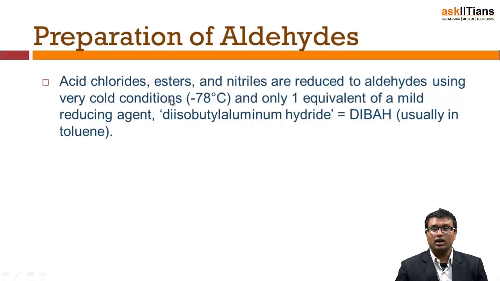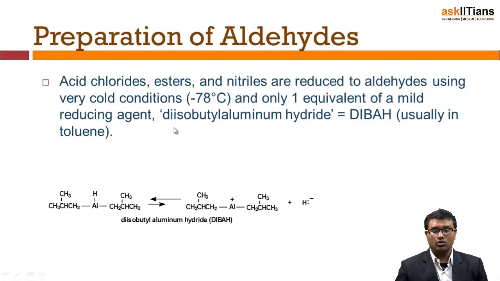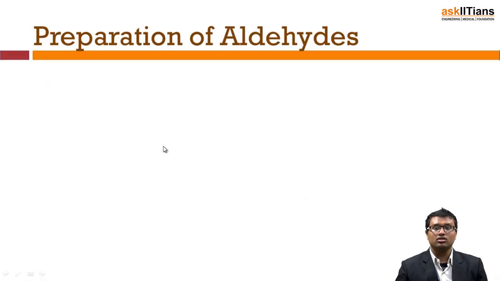I told you, you need a controlled environment, which means very cold conditions, and remember, you need only one equivalent of the reducing agent, DIBAH. It is nothing but diisobutyl aluminum hydride. If you use these considerations, you can convert your carboxylic acid derivatives into aldehyde.